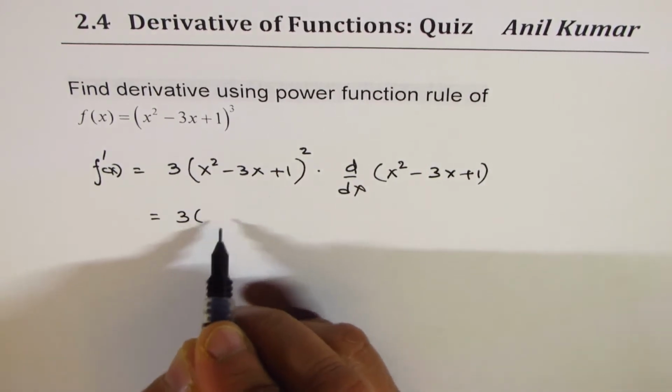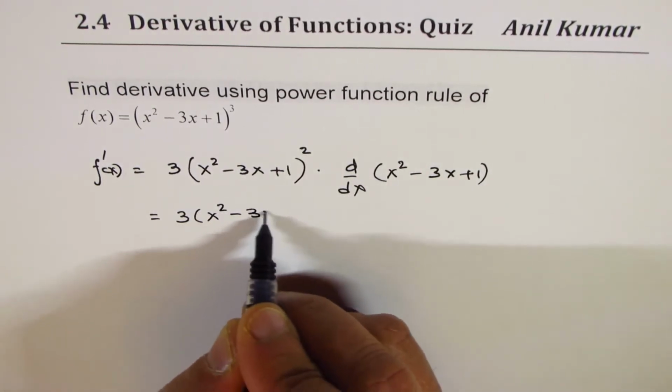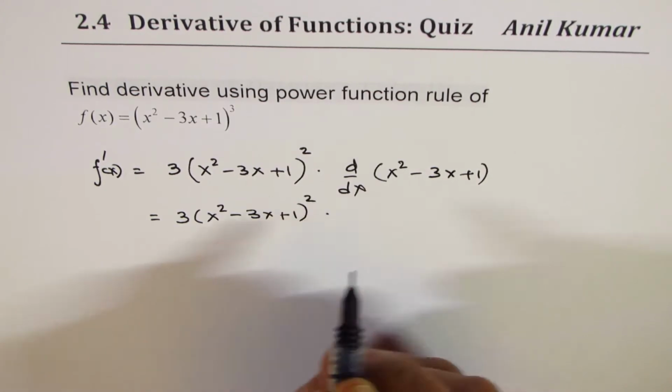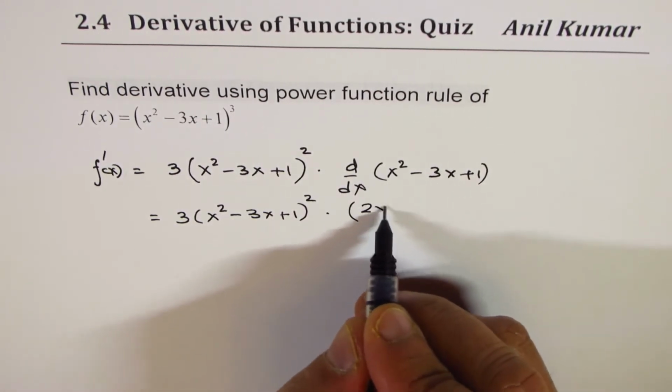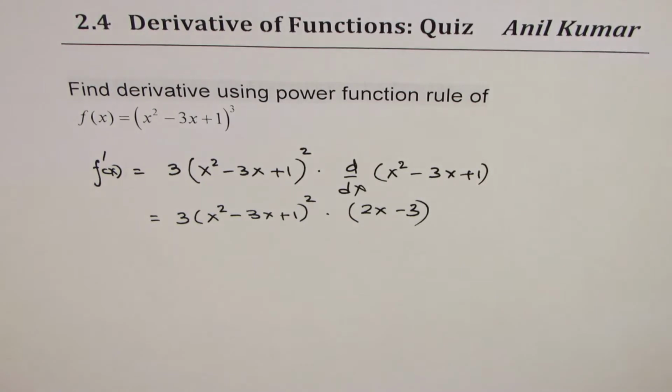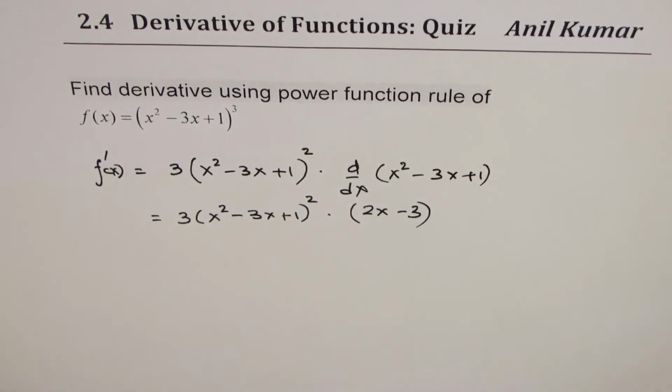So we get 3 times x squared minus 3x plus 1 whole square, and that derivative is 2x minus 3. So if nothing is mentioned to simplify, we can leave it this way, right? So that becomes the derivative.